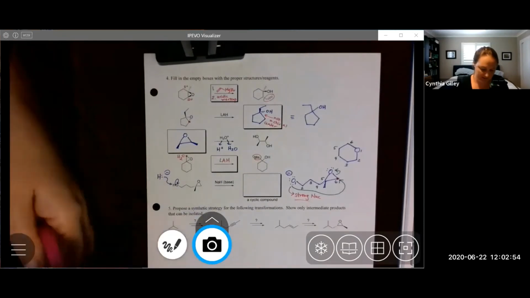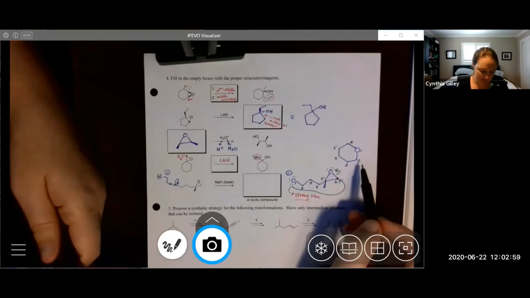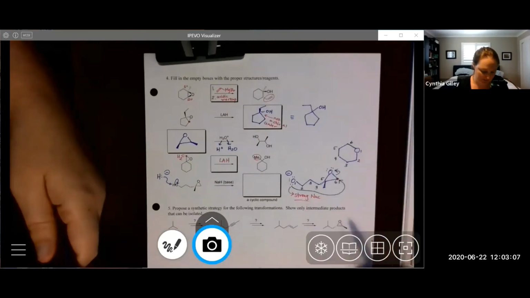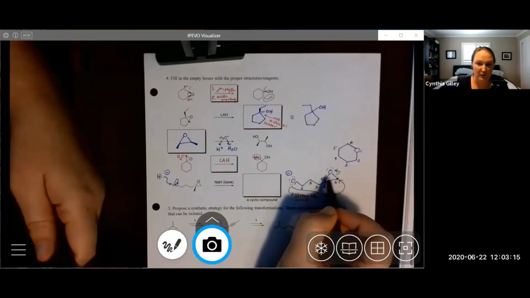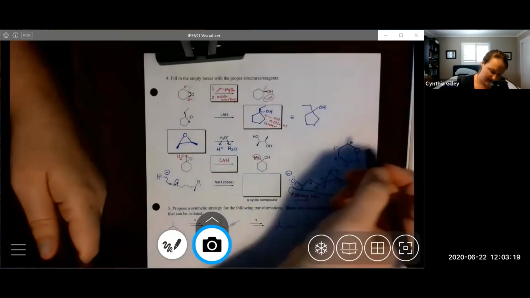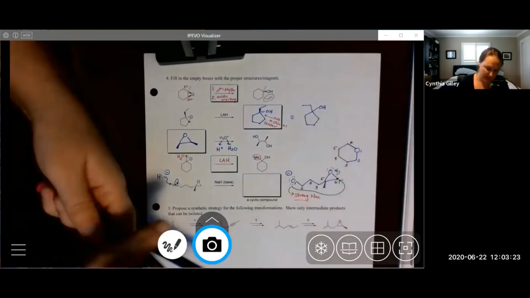So let's see. Carbon number 2 is a CH2 group. There's nothing else attached there, so good. Carbon 3 is a CH2 group. Carbon number 4 is a CH2 group, so nothing else attached there. Carbon number 5 has got some stuff attached. It has a methyl, and it's going to have an OH. Right now, I'm not going to worry about stereochemistry, and then I'll go and figure it out later.